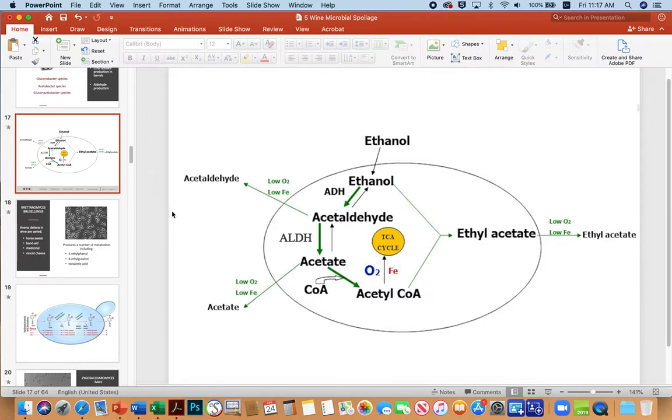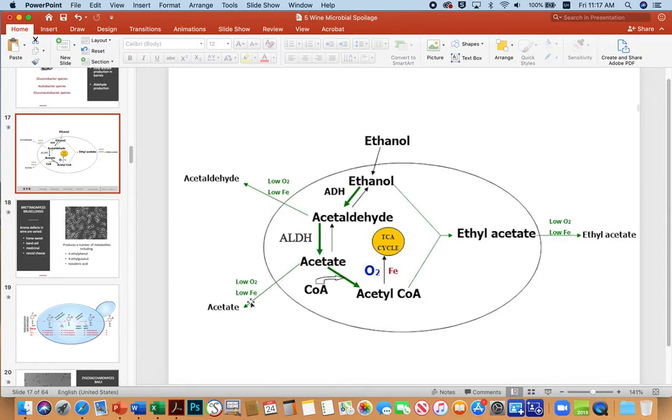So here's a little bit about their metabolism. Again, the organisms are oxidizing ethanol to acetaldehyde and then acetate. Here's the ethanol that your primary yeast produces, and the ethanol gets transported into the cell, and they have an enzyme called alcohol dehydrogenase that allows them to oxidize the ethanol to acetaldehyde, and ultimately an aldehyde dehydrogenase that allows them to further oxidize the acetaldehyde to acetate. When the oxygen conditions are really low, the microbe will spit some of that into the medium.